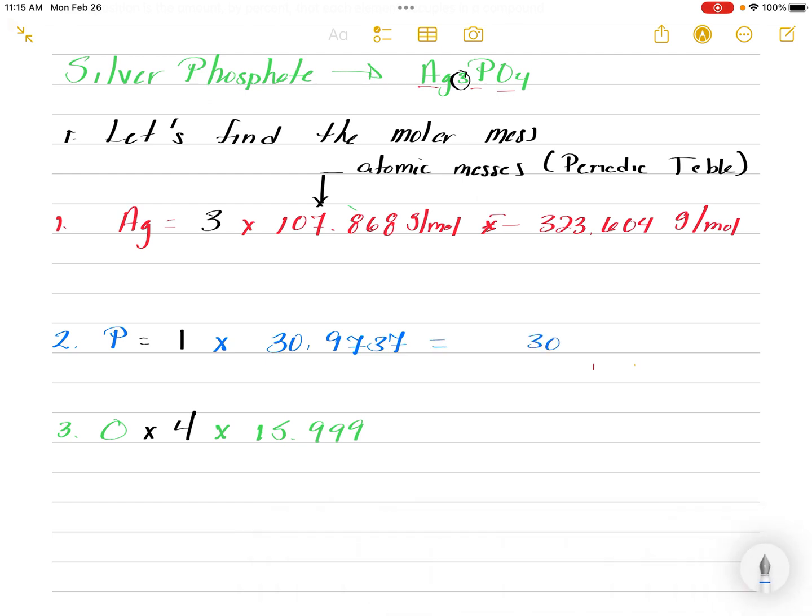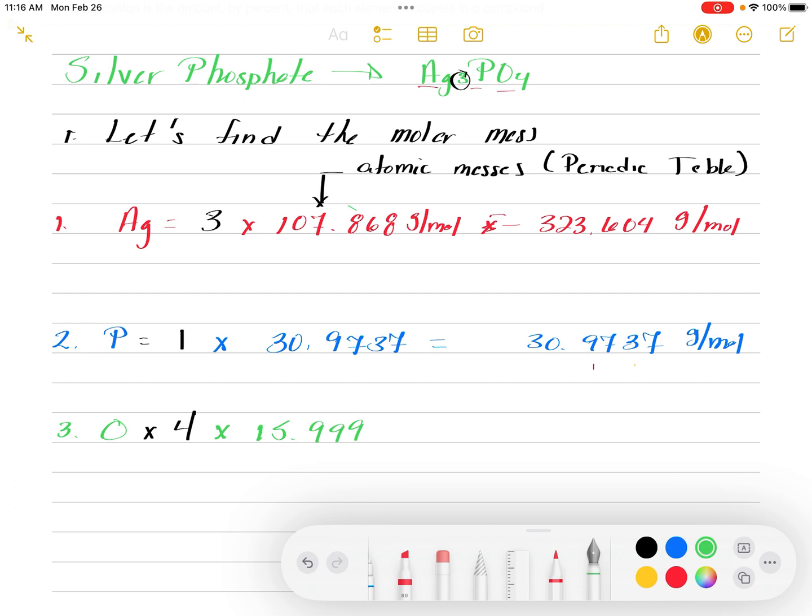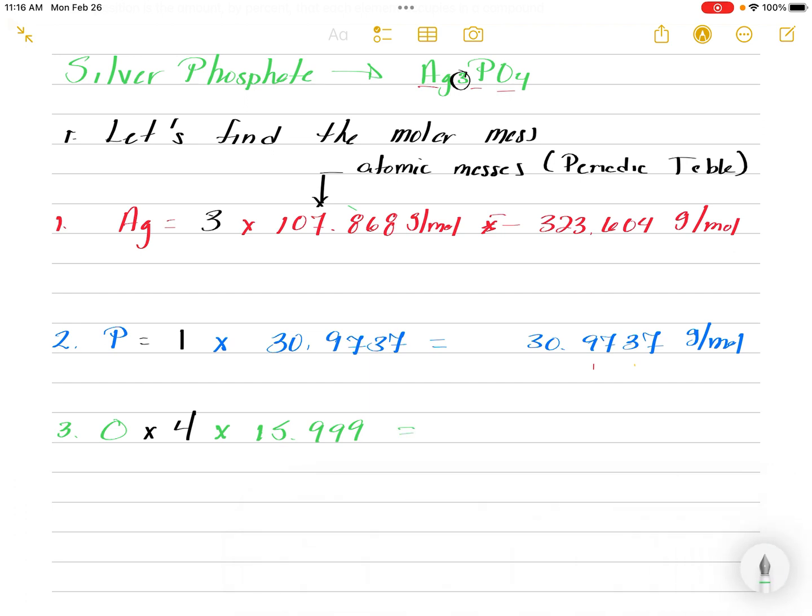Obviously, this is going to be the same number again because I'm multiplying just by 1, again grams per mole. And this is going to be 63.996 grams per mole.